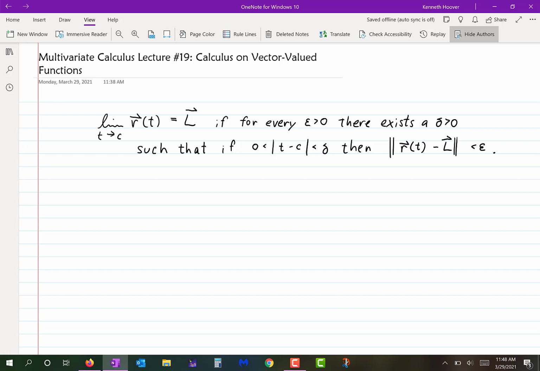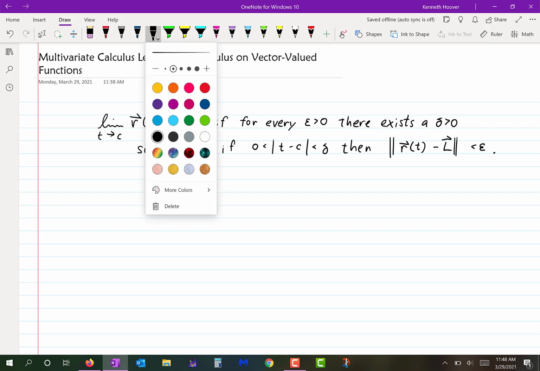And a much easier way of writing the limit of a vector valued function is to use what you already know about limits of real valued functions. I would rather write this.